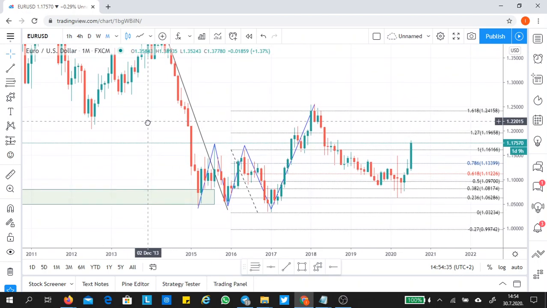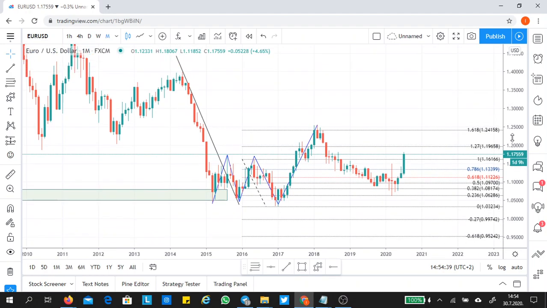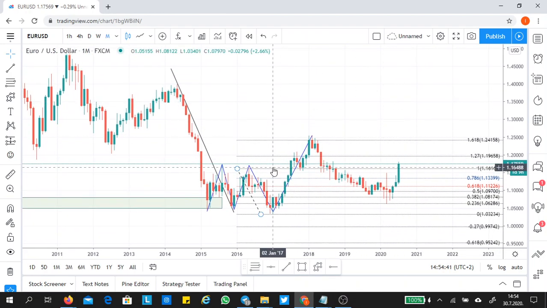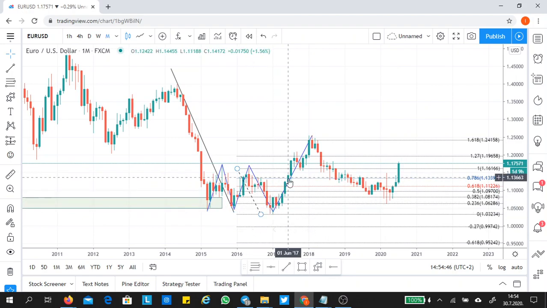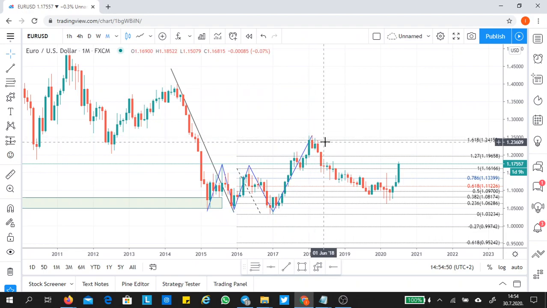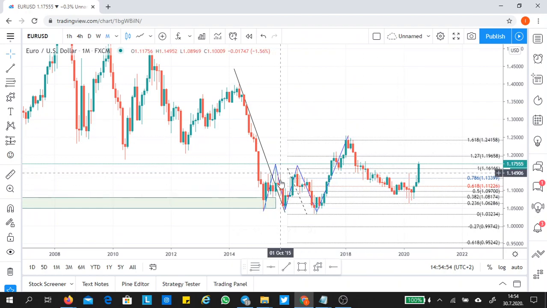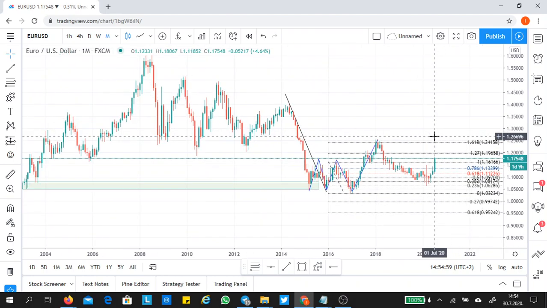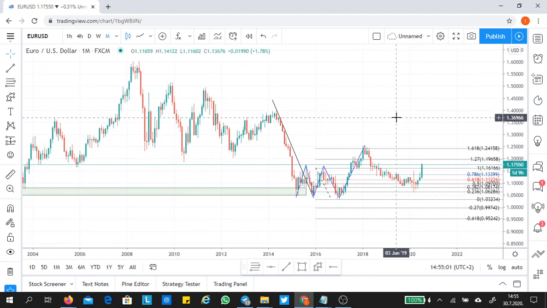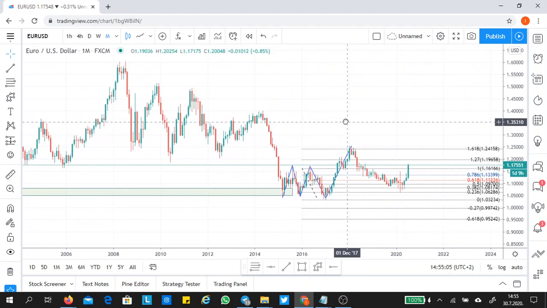Now, having in mind that this down movement was invalidated and came to our target, the move was completed here. We can now again check what we think is going to happen next.